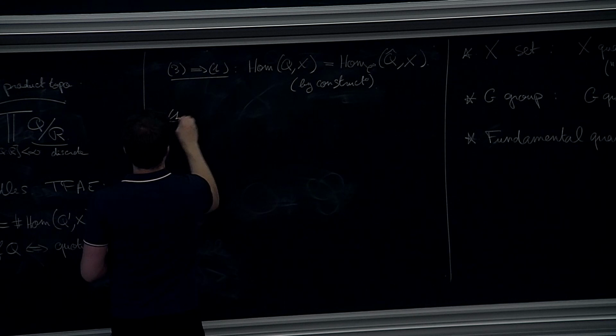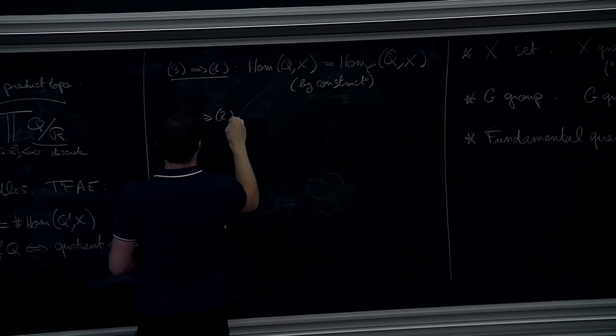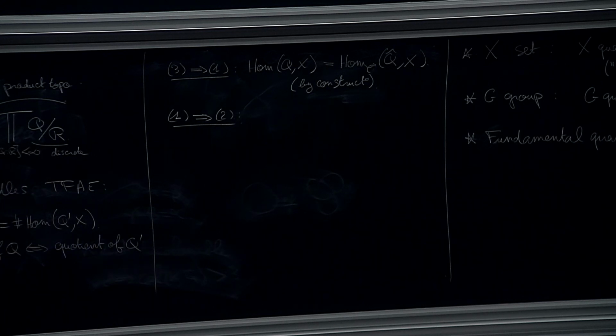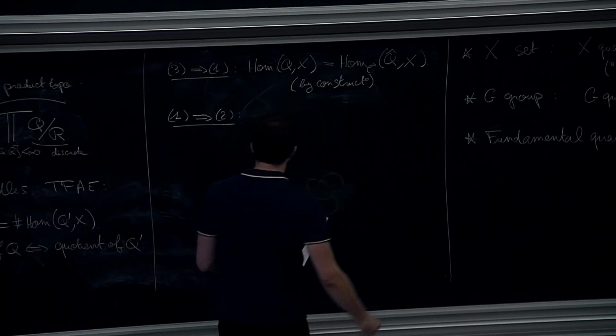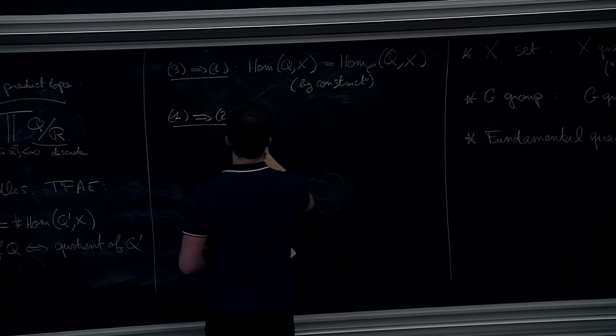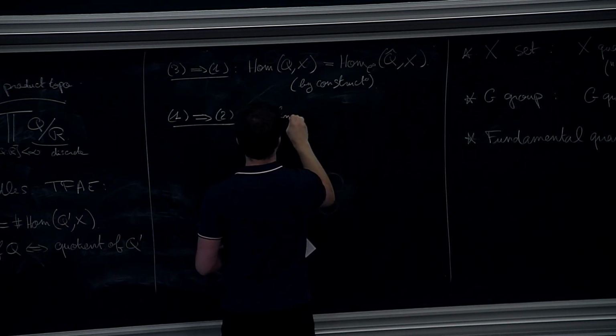So the second, which is not very difficult, but the proof is quite beautiful, is from here to there. So you actually know the number of morphisms, but here you want to know surjections. And so what you want to do is you want to count them. So X finite.